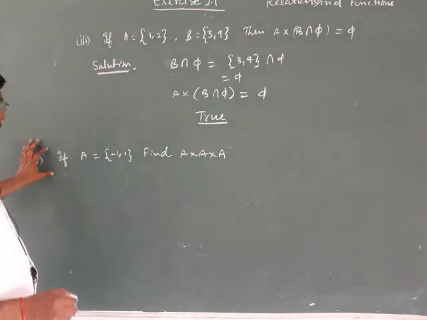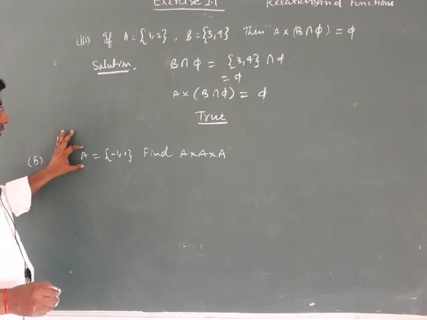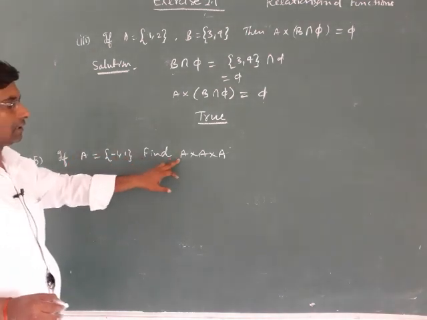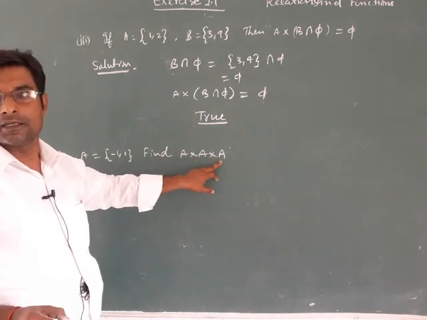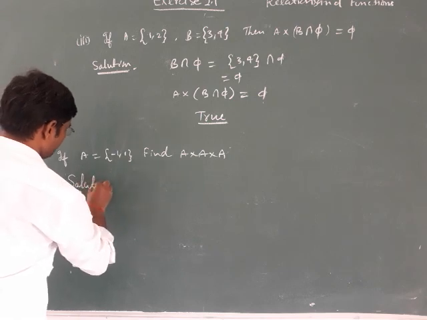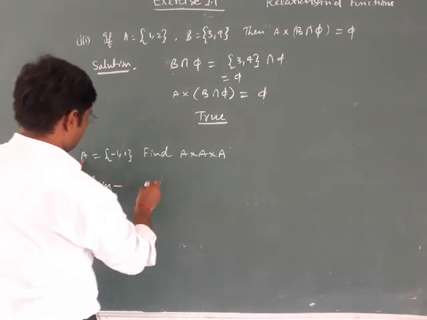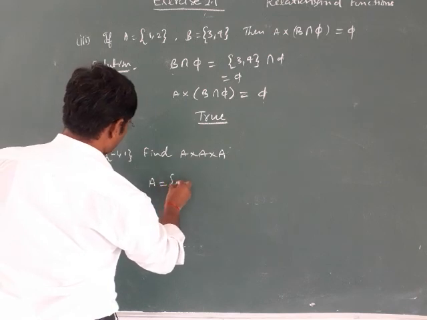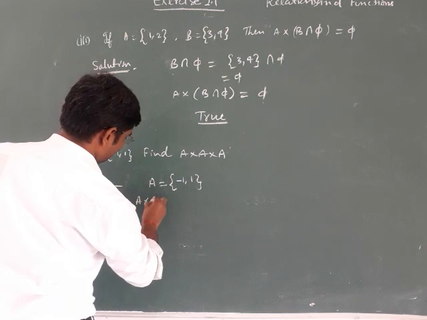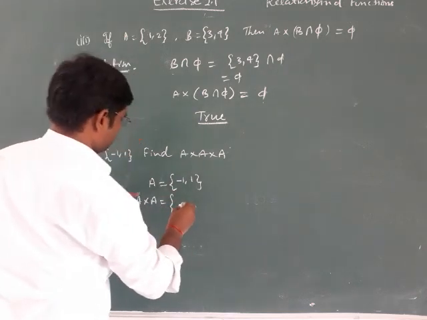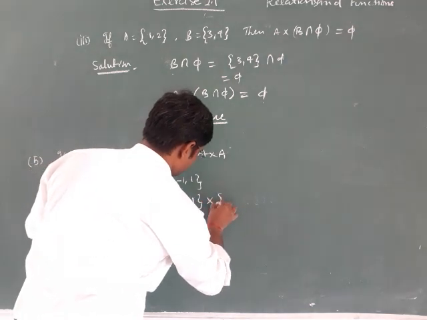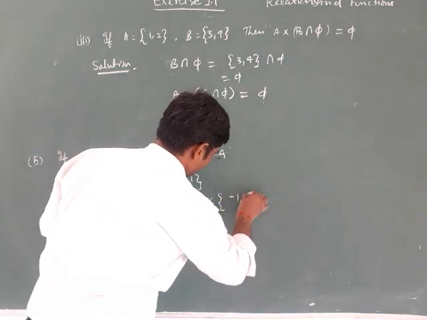And fifth part: if set A has elements -1, 1, find A cross A. Solution of this question: set A is equal to {-1, 1}. So now A cross A: -1 and 1 cross -1 and 1.